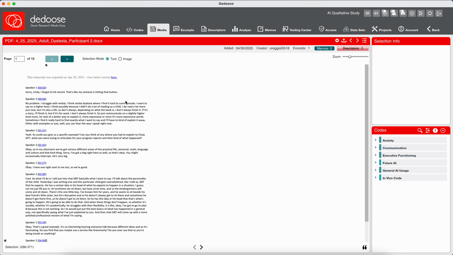Then I'm going to keep reading the paragraph, and at a higher level, I think possibly because I couldn't do a lot of reading as a child, that's pretty important here.